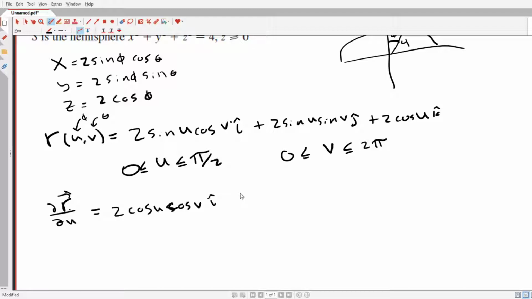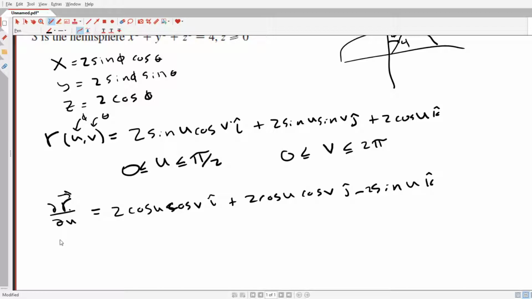Derivative of sine is cosine, so that's 2 cosine u sine v j. And then derivative of cosine is negative sine, so minus 2 sine u k.